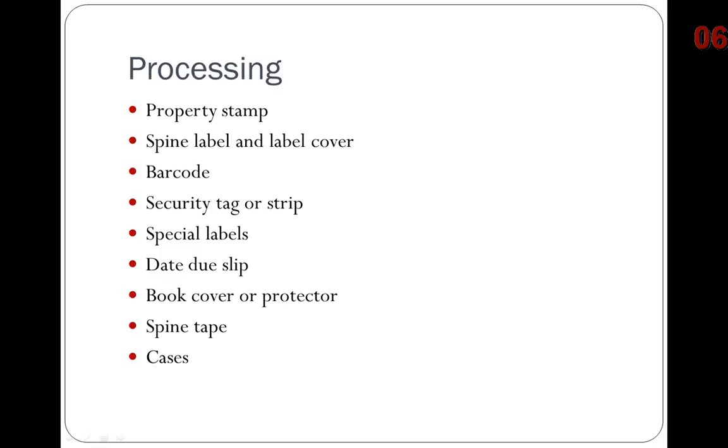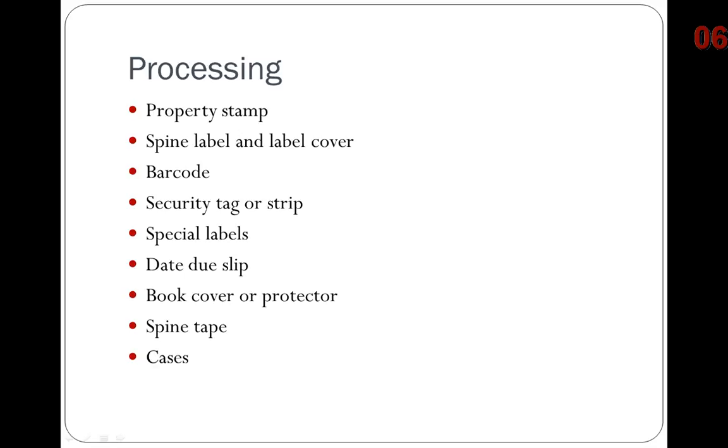The barcode is another essential element to use in processing materials. The barcode uniquely identifies each resource and is used for circulating it, as well as batch processing records in the integrated library system. You'll want to determine where the barcode should go based on how it will be used.